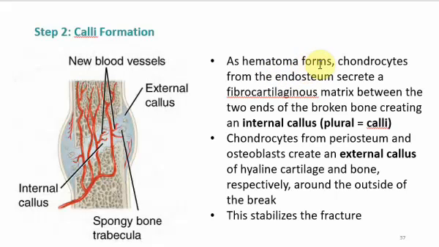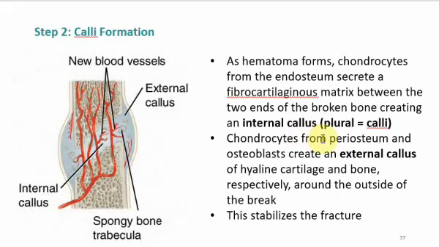As that happens, chondrocytes from the endosteum will secrete fibrocartilaginous matrix between the two ends of the broken bone. That matrix then creates a kind of internal callus, an amorphous material consisting of mainly some cartilaginous matrix.